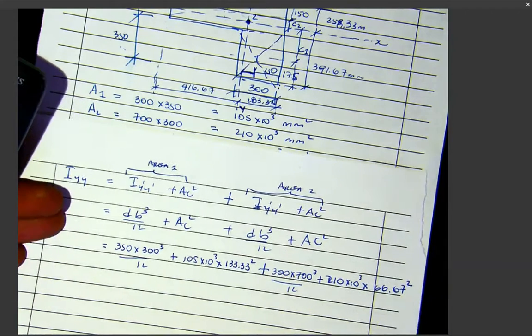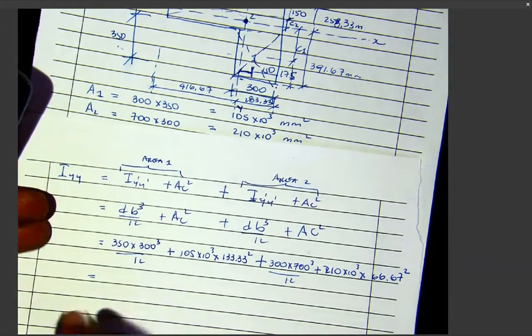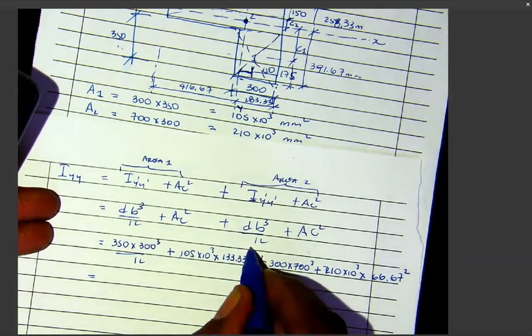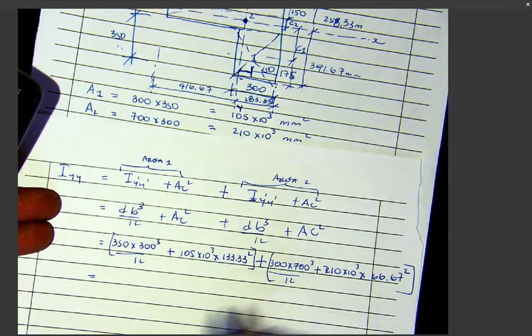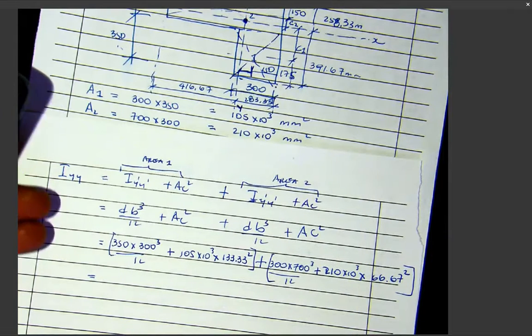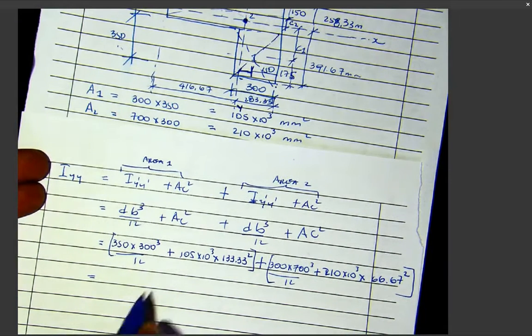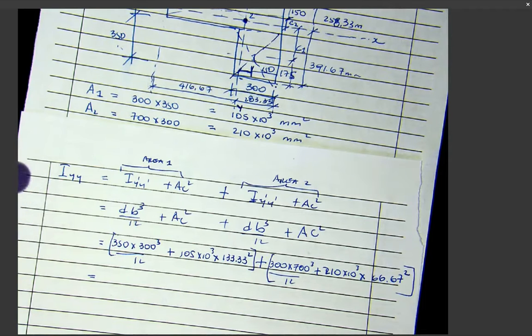Don't forget the square. Then what do you do after that? Remember, up to there is for area 1, that one is area 2. You just punch your calculator.